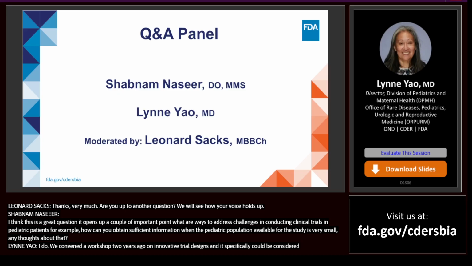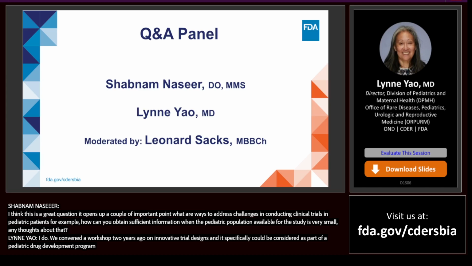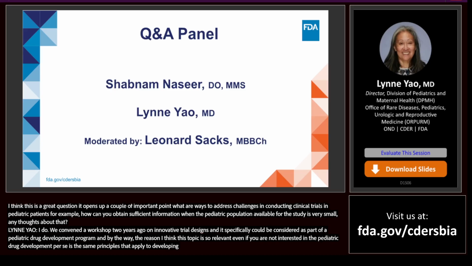And by the way, the reason I think that this topic is so relevant, even if you're not interested in the pediatric drug development per se, is that the same principles that apply to developing drugs for small populations also apply to rare diseases.